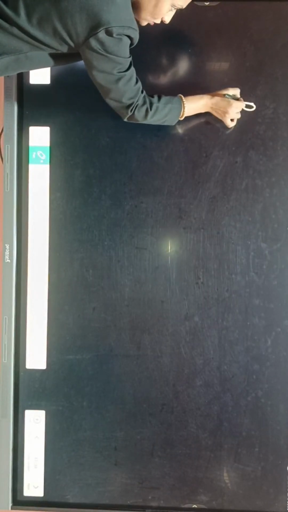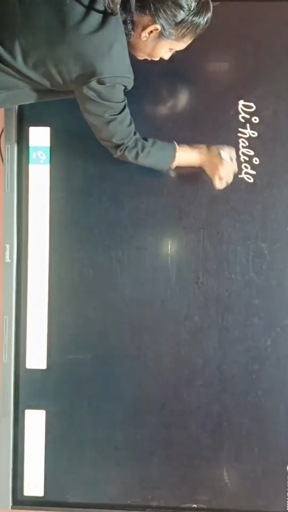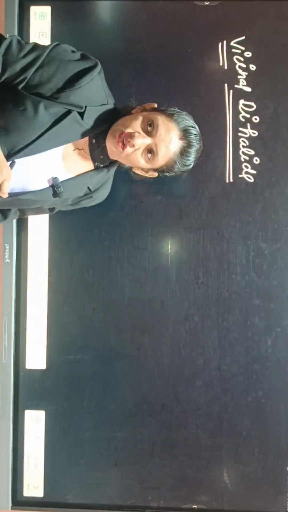Students, we can prepare alkene by dihalides also. Now what do you mean by dihalide, and what type of dihalide? Vicinal, geminal, I already discussed.